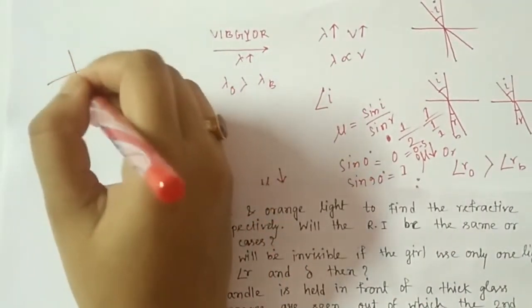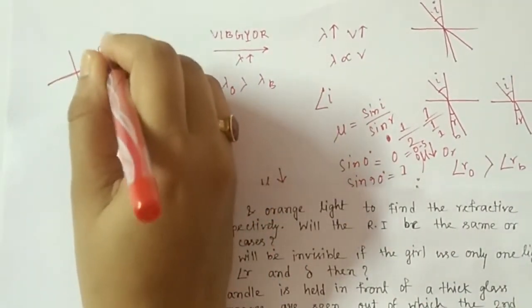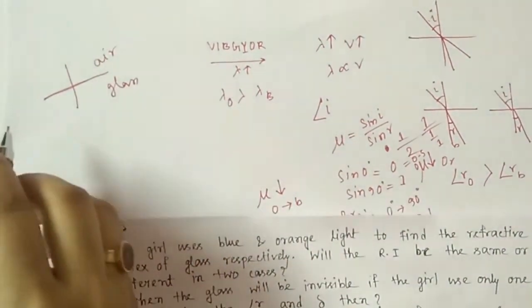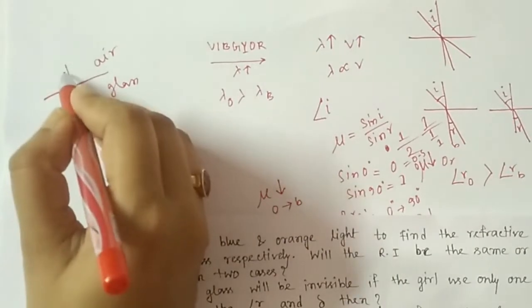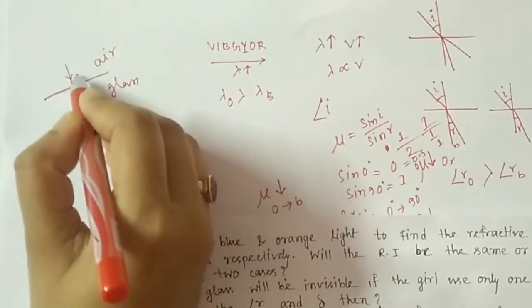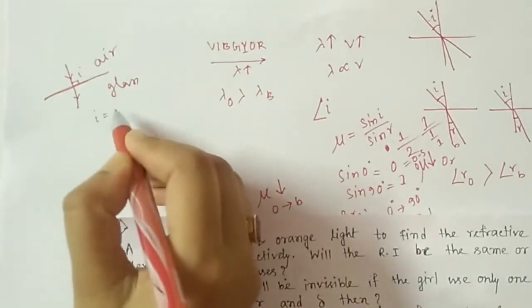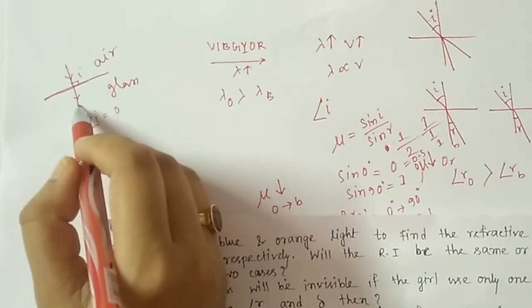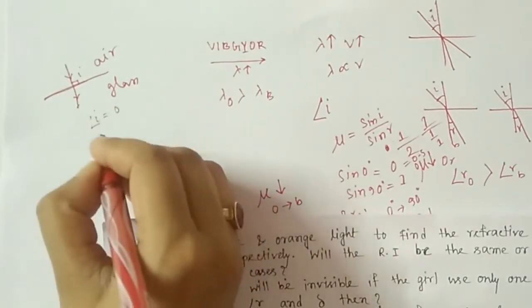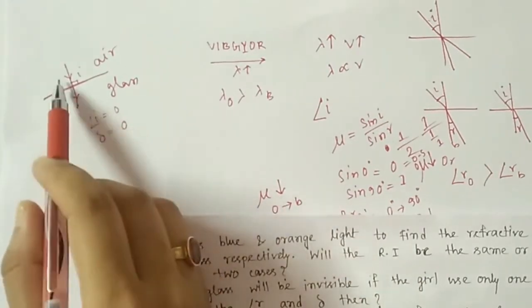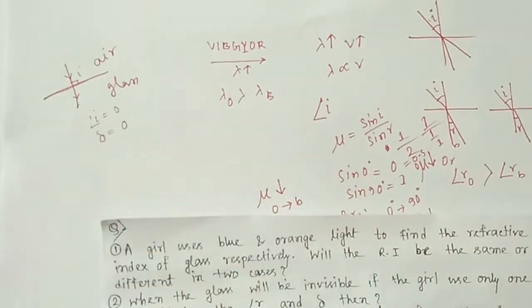Suppose this is the surface between two media, air and glass, and a light falls along this normal, there will be no angle of incidence. Angle of incidence will be 0 for this case, and as there is no deviation, here delta is 0, and finally the glass will be invisible.